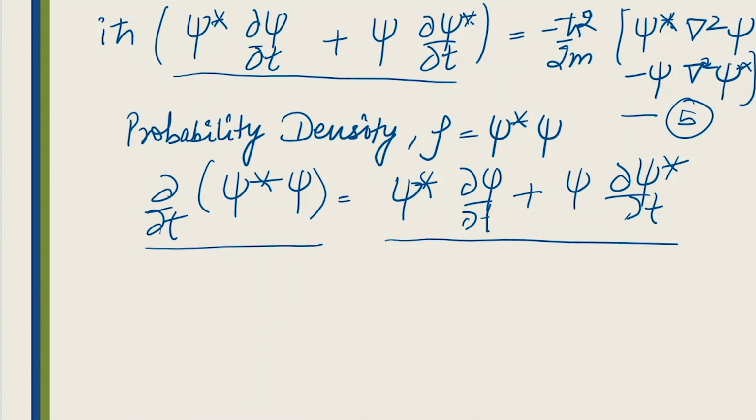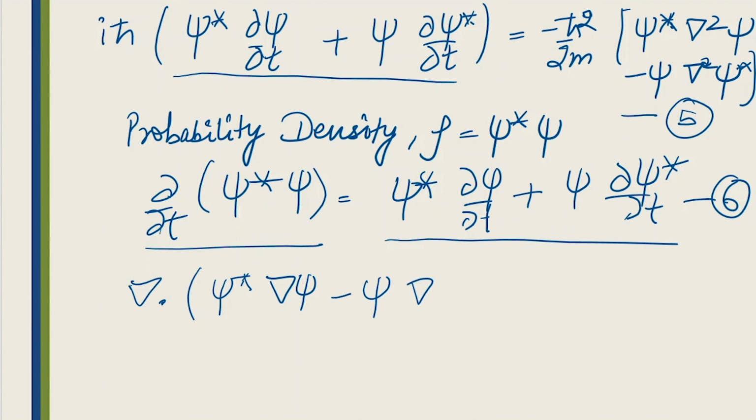This is equation number 6. Similarly, we know del dot of psi star del psi minus psi del psi star.